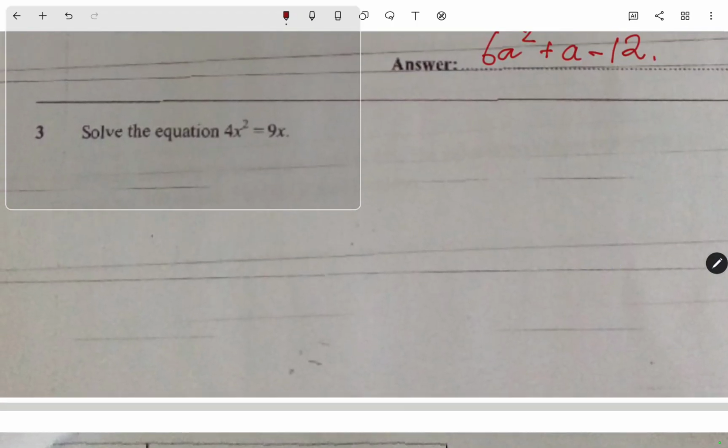Okay, we can now look at solve the equation. So this, like I've seen, is a quadratic equation. To solve this one, there are two ways in which it can be solved. We can let this come to this side. So this will be 4x squared minus 9x is equal to 0.